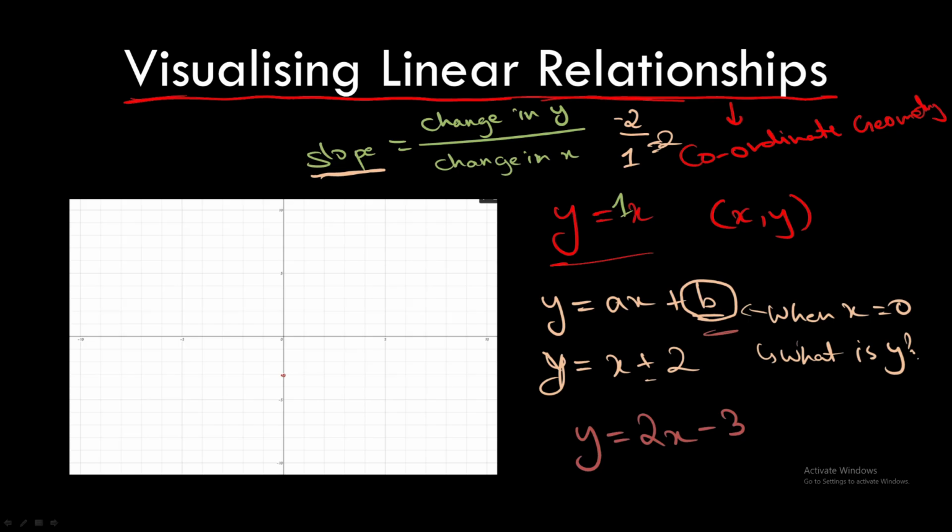Then plotting up, when x is equal to 1, 2 times 1 minus 3 is equal to 2 minus 3, which is equal to minus 1. So it is going to go right over here.